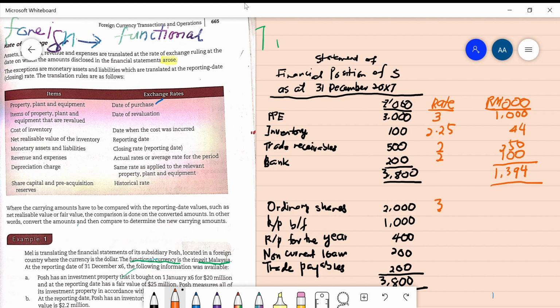Okay, so I want to make some correction on property, plant and equipment.